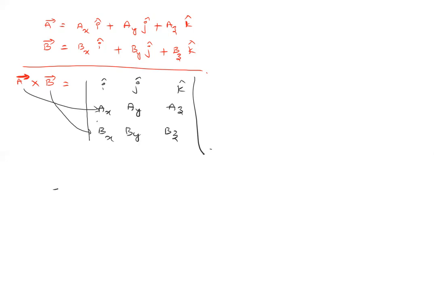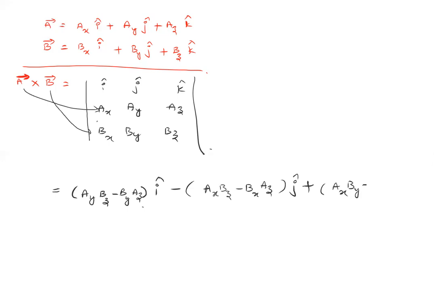So for your x component, remove i and its row and column. Your x component is ay bz minus by az into i cap, minus for the j component, ax bz minus bx az into j cap, plus ax by minus bx ay into k cap.